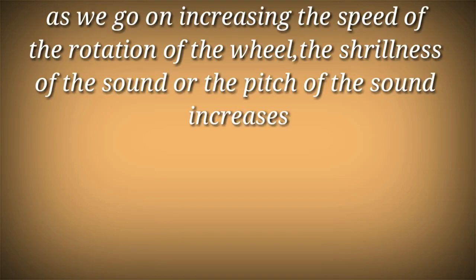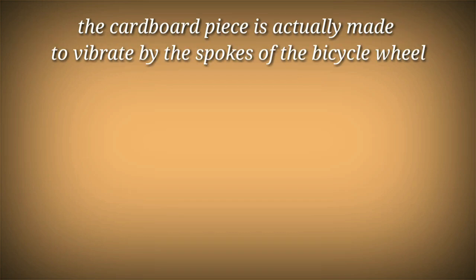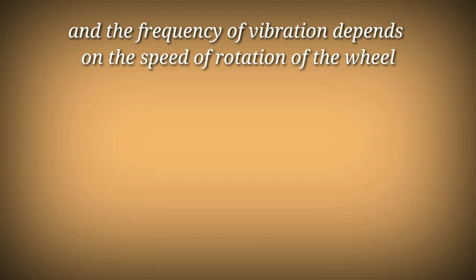As we go on increasing the speed of rotation of the wheel, the shrillness of the sound produced increases, or the pitch of the sound increases. This observation can be explained as follows. The cardboard piece actually is made to vibrate by the spokes of the bicycle wheel, and the frequency of vibration depends on the speed of rotation of the wheel.